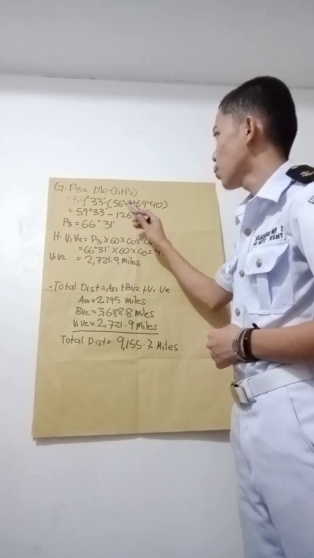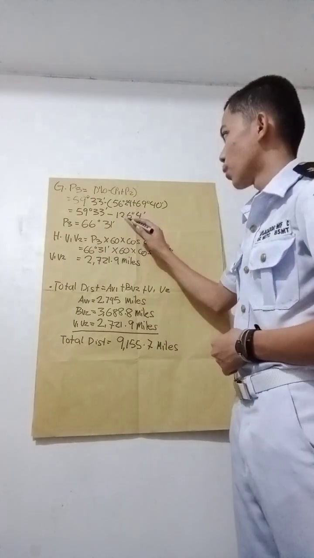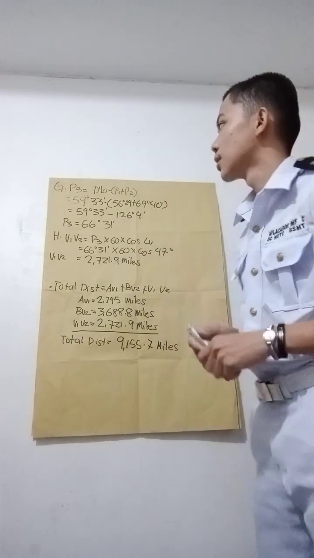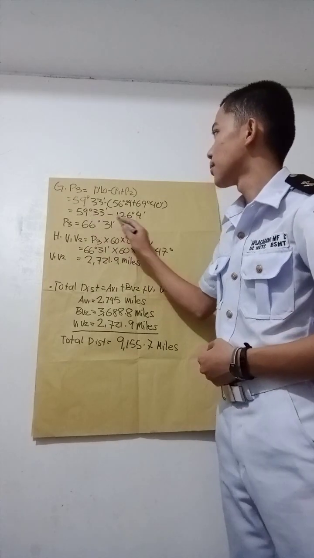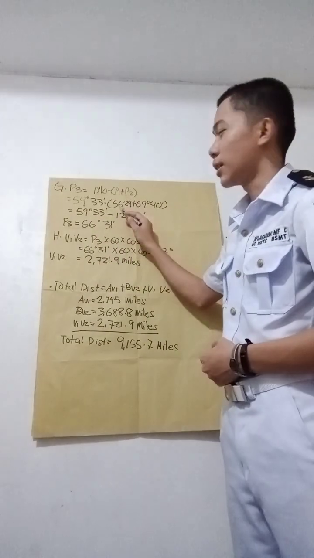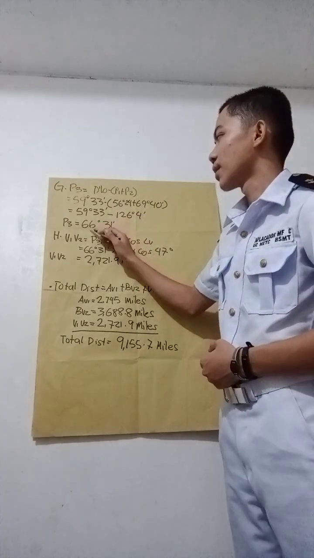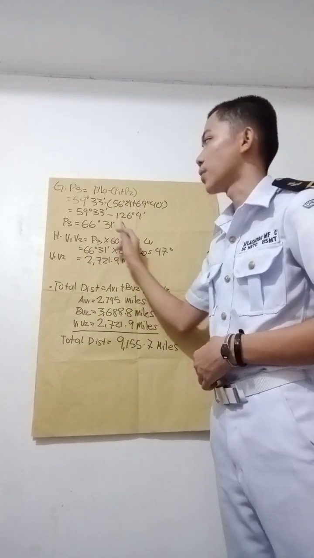And then this P1 and P2, we add these two. So what comes out is 126 degrees and 4 minutes. And then the next step is we subtract what we got from P1 and P2 from the one below. So what comes out is 66 degrees and 31 minutes. So this is now our P3.